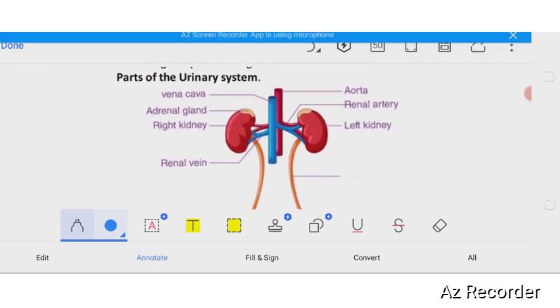So we have the aorta, which is the main artery, and further branches into what we call the renal artery. Then we have the vena cava, which is the main vein, which further branches into the renal vein.